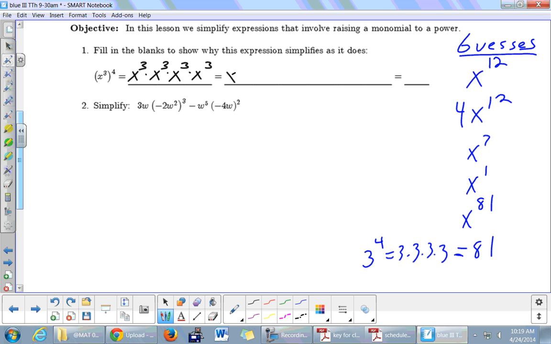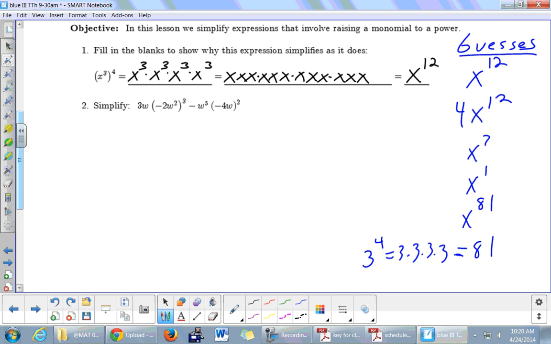So the first x cubed becomes xxx, and then the next one becomes xxx. So write them all out. And then you look at them and you say, okay, what do we really have? We have 12 of them. So what's the shorthand way to write that? X to the 12. So this is our answer.